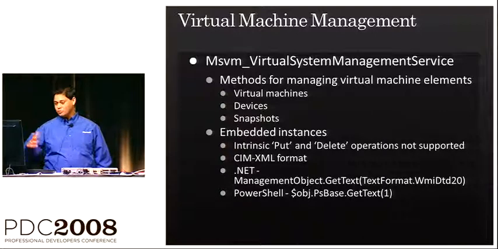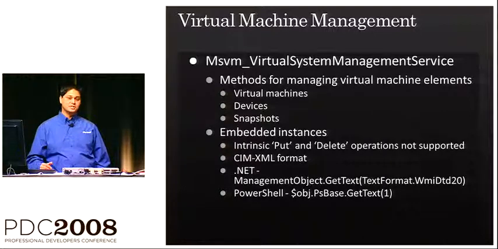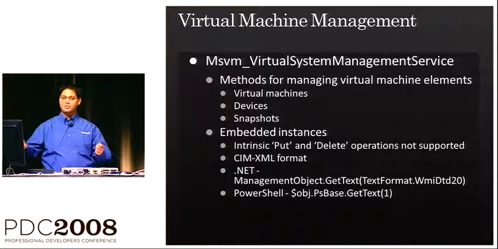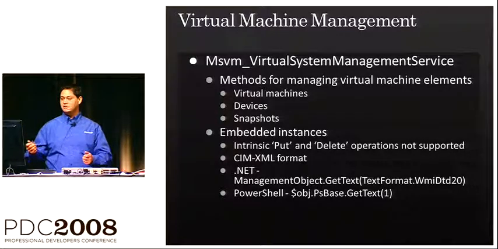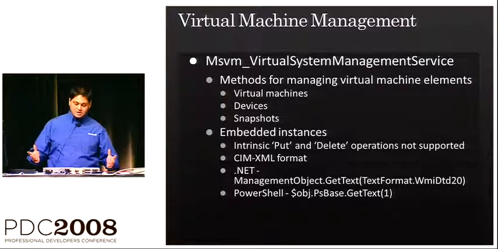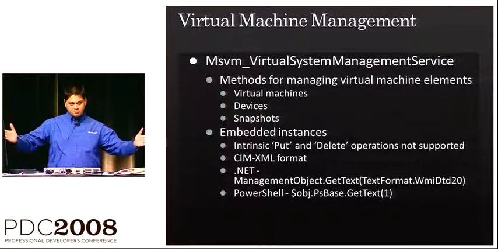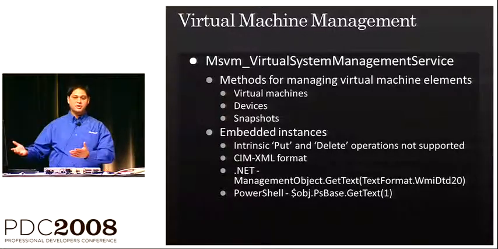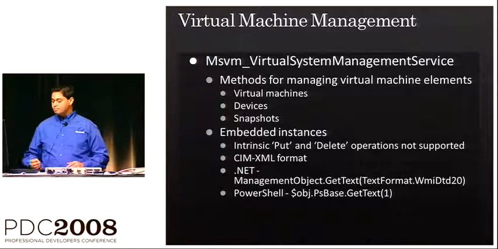And so we use this thing called embedded instances. So you call into a method, and one of the input parameters will be an embedded instance of, let's say, the virtual system setting data that we just talked about. Embedded instance basically just means it's a big formatted string that describes the class and a bunch of properties of that class instance.